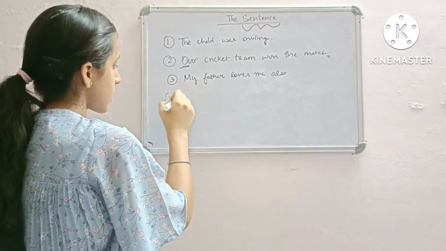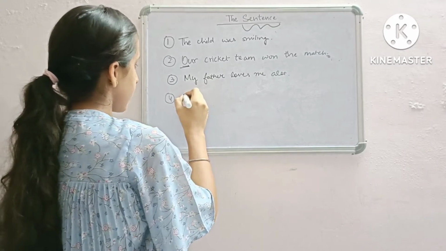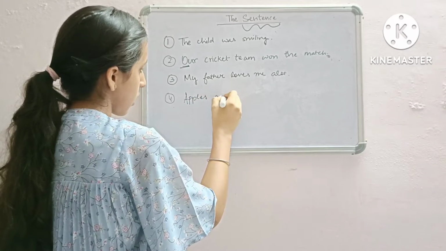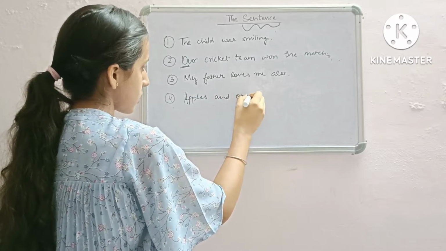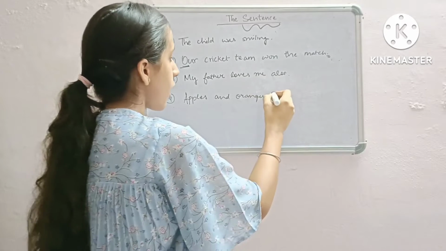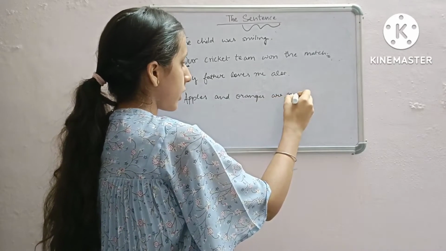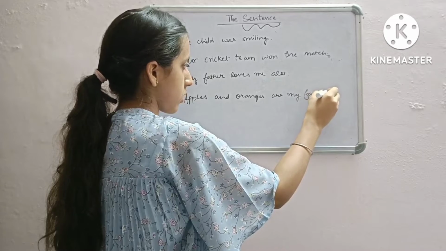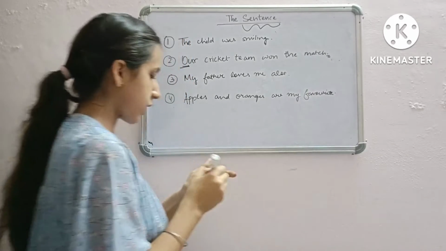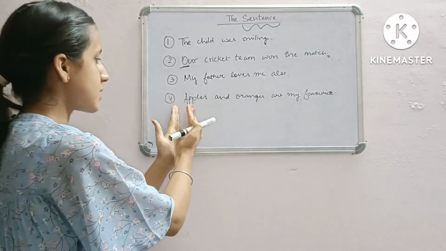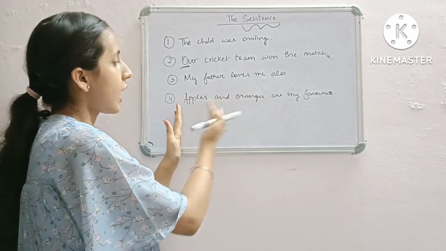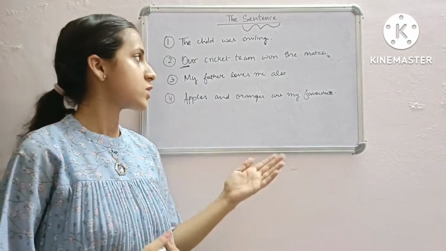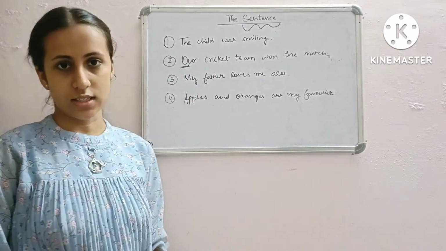The fourth sentence, for example, it can be, apples and oranges are my favorite. So see again, it starts with apples and the A is capital, and oranges are my favorite ends with a full stop, and hence we are done with the sentence.